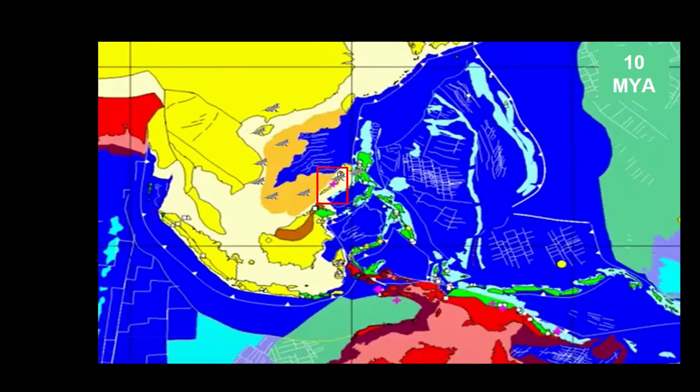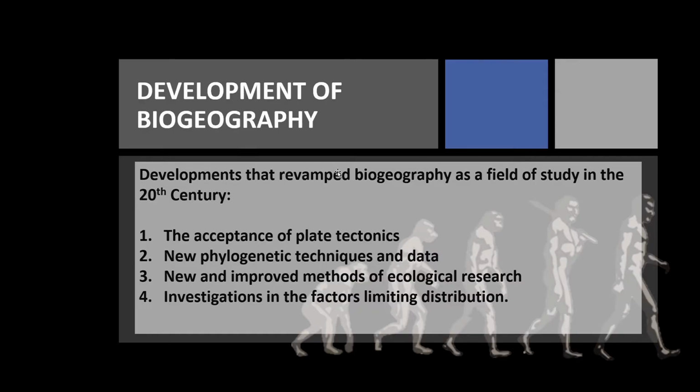Presented are the recent developments and studies that have revamped biogeography in the 20th century. Plate tectonics theory is now accepted. New phylogenetic techniques and data are published. New and improved methods of ecological research are starting to bud off, and investigation into the factors limiting distribution are now being studied.